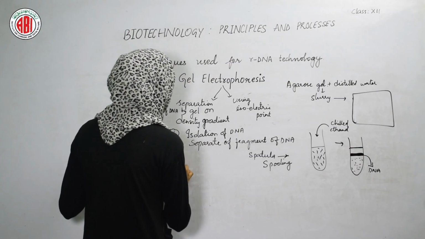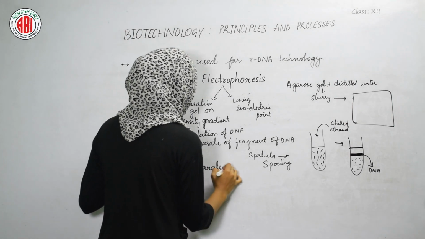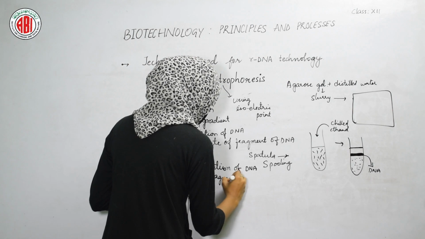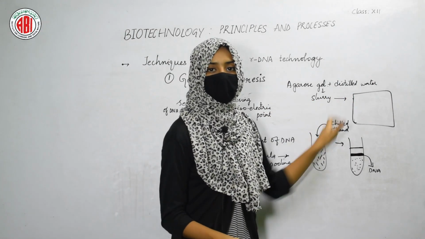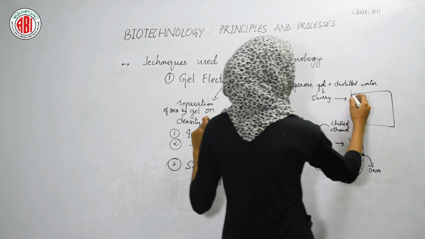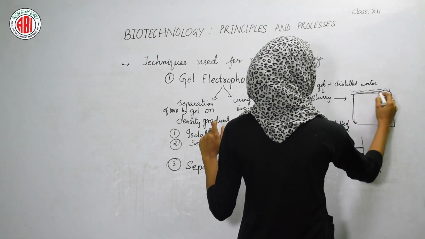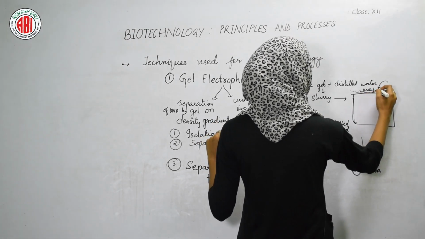Now the main point is separation of DNA fragments based on the density gradient. In this step, we will take this gel plate and keep one trough over it, and in this trough we are going to pour a buffered solution, and in this buffered solution the DNA fragments will also get mixed.